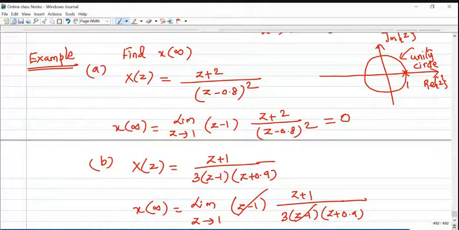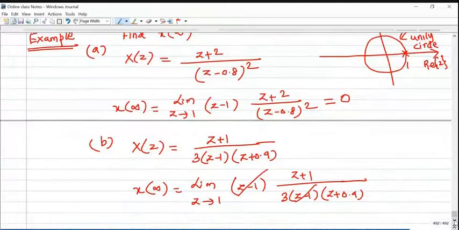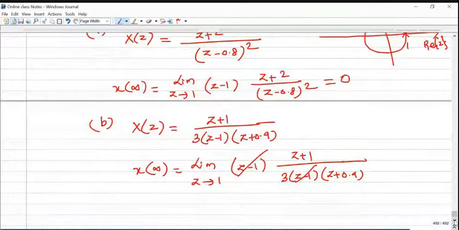Yes, fine. Before applying the final value theorem, in this step only we have to apply it. Cancel this z minus 1 with z minus 1. Previously this z minus 1 was unable to cancel.